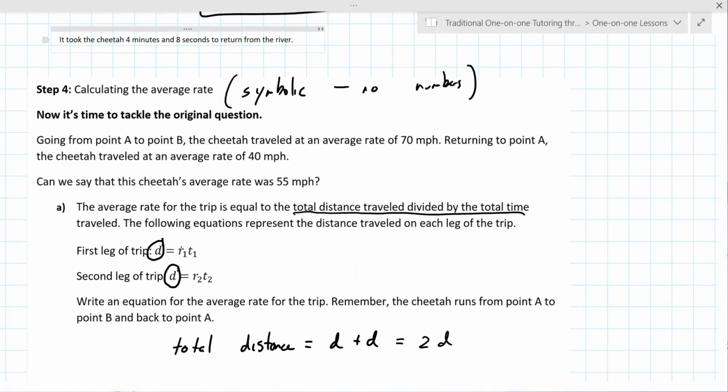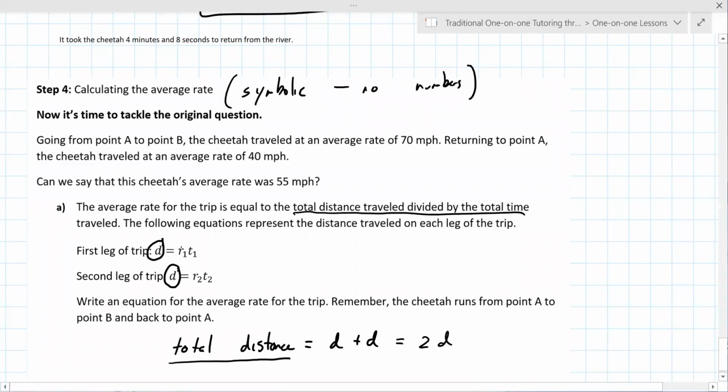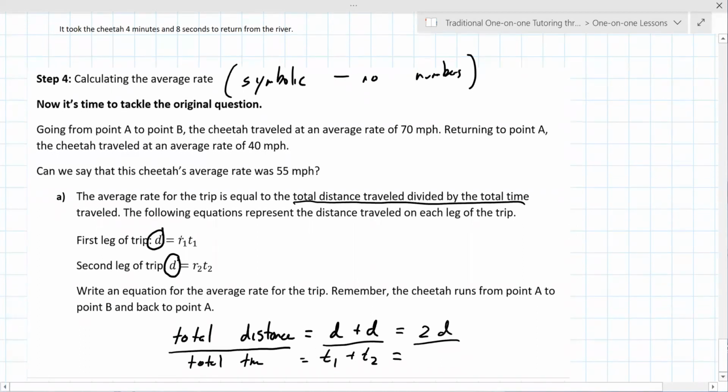Now the time there and the time back, that's actually given. If we want to divide this by the total time, the total time is T1 plus T2. But since they do not have the same subscripts, you cannot actually combine them.